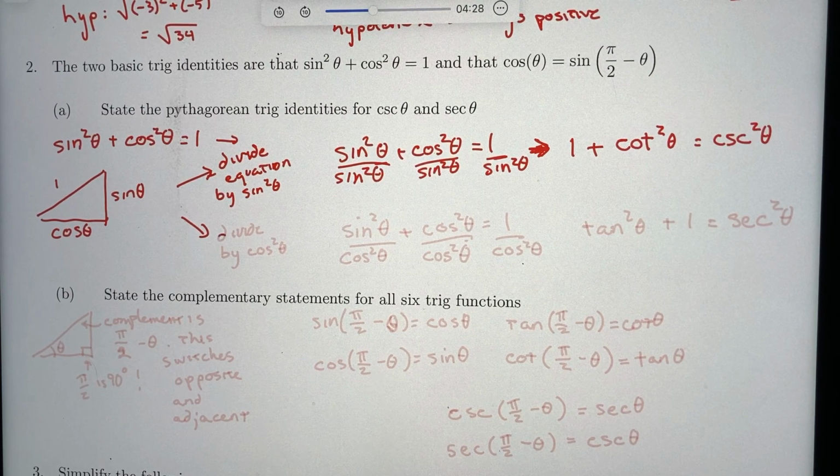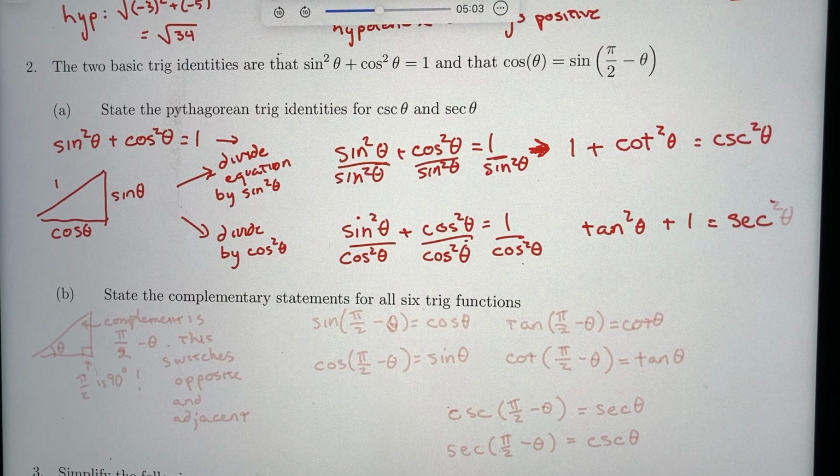If we divide by cosine squared instead, again, writing the original basic identity down, dividing everything by cosine squared, we get sine over cosine is tangent, so we get tan squared plus 1 is secant squared.